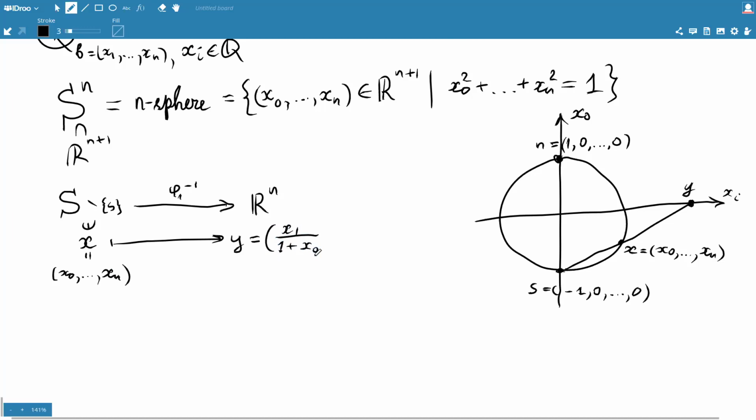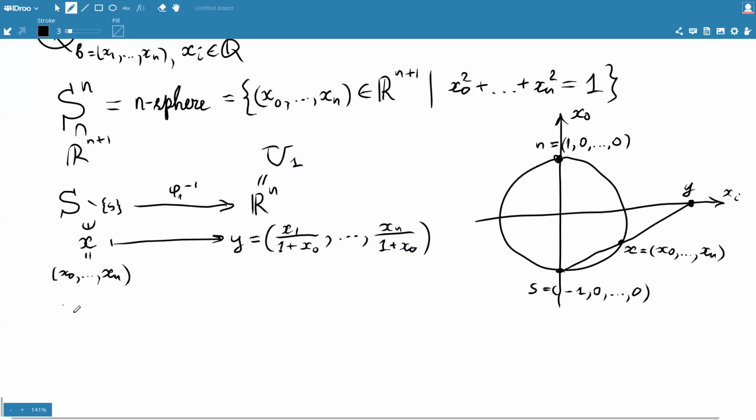Keep in mind that the denominator here is non-zero once we are outside the South Pole. Okay, so the first chart is just U1, which is the whole R^n.